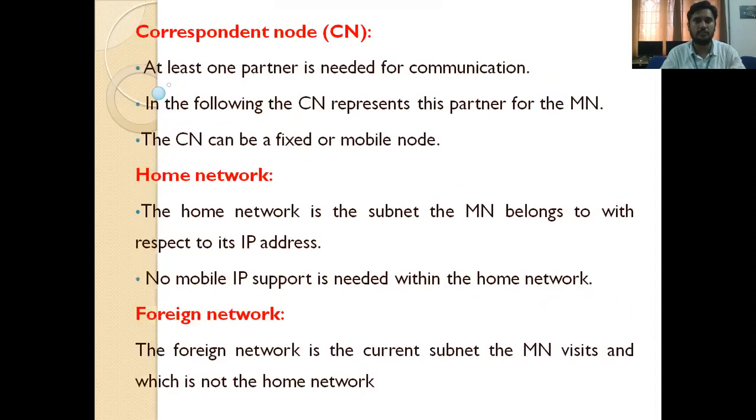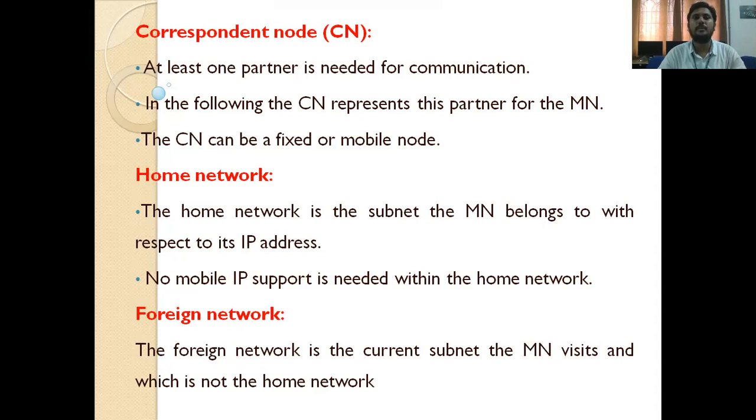Please notice this. Another term is the correspondent node. At least one partner is needed for communication. In the following, the correspondent node represents this partner for the mobile node. The correspondent node can be a fixed or mobile node. The correspondent node is the one which starts transmitting and sends the data, that means the user. If you are discussing sender and receiver, correspondent node means sender.